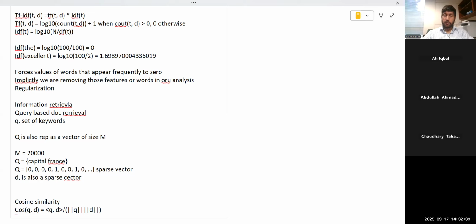In other words, cosine similarity is the normalized inner product. In the numerator is the inner product, and in the denominator simply division by two scalars, the length of Q and the length of D. By the way, these lengths are L2 norms. Square each term, sum it up and take the square root.